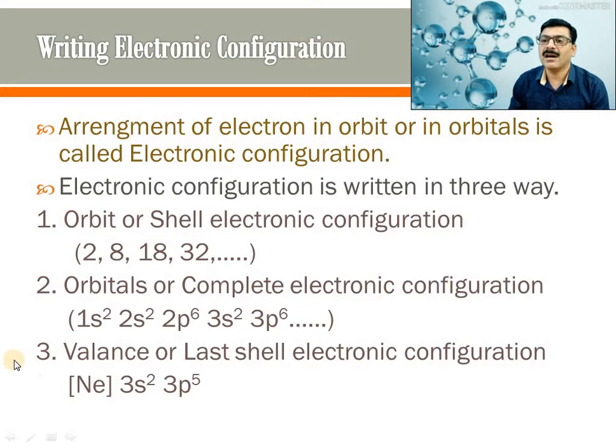In this way you have to write the electronic configuration in three types. First is shell electronic configuration, second is orbital or complete electronic configuration, and third is valence shell electronic configuration.